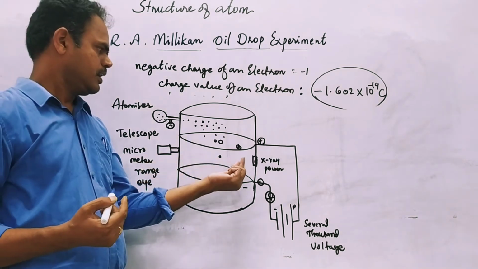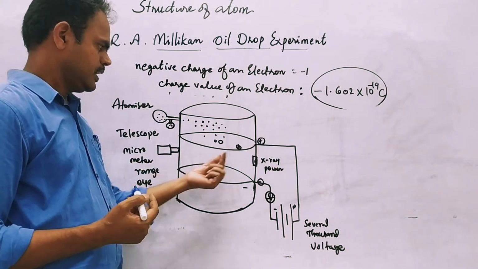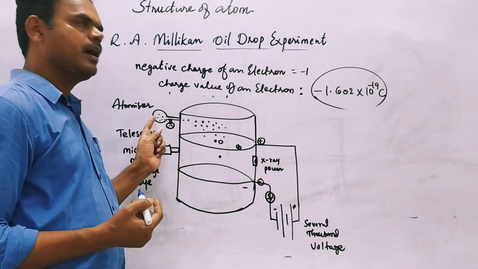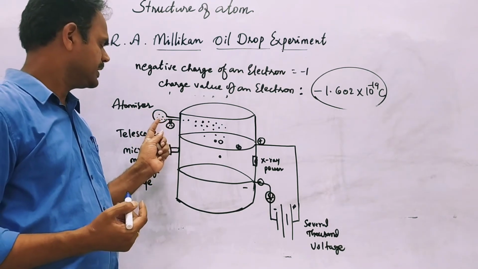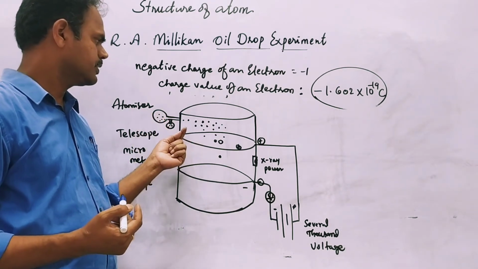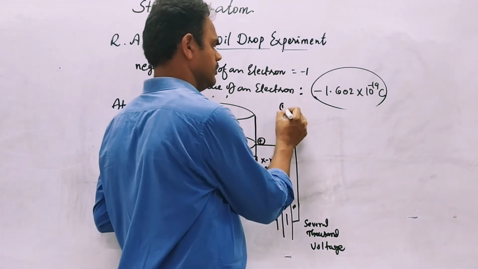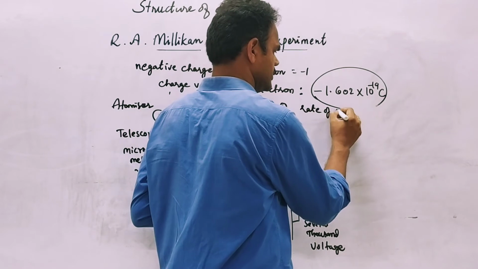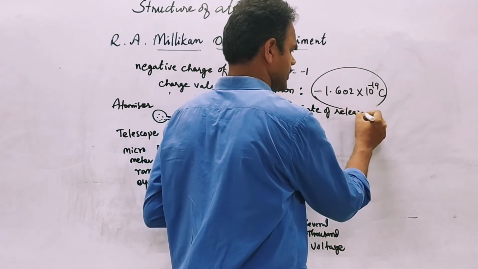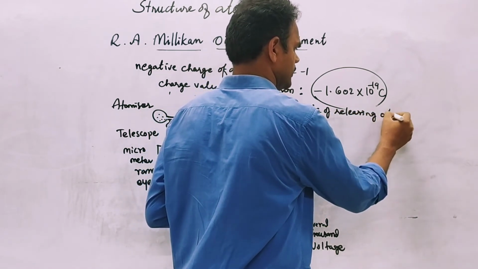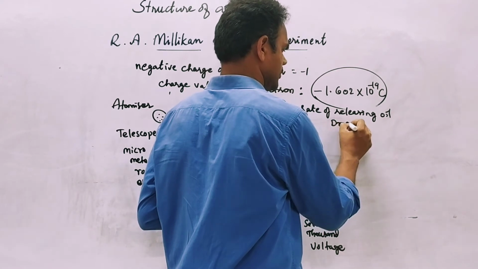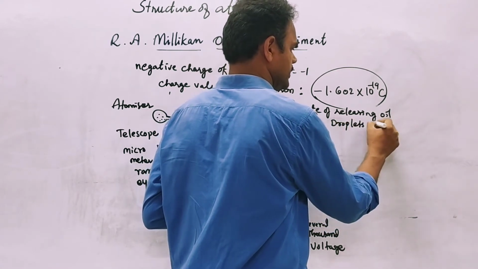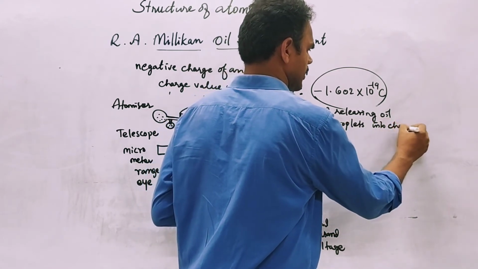And how does it work? Here R.A. Millikan was able to measure the mass of the oil droplet by three factors. Number one, the rate of releasing oil droplets into the chamber.